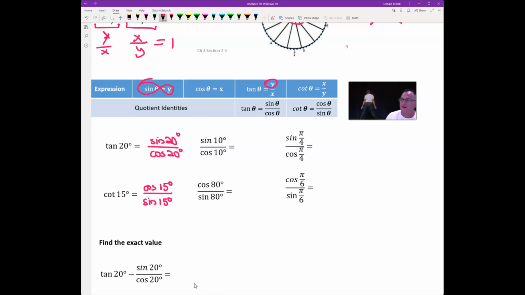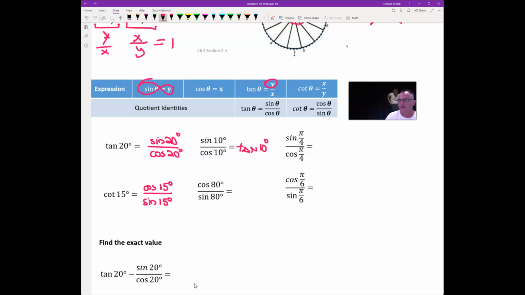Now you're just working backwards. You're starting with the quotient. A fraction is a quotient. It's the top divided by the bottom. That's why these are called quotient identities. This is really sine divided by cosine, so this would be equivalent to the tangent of 10 degrees.